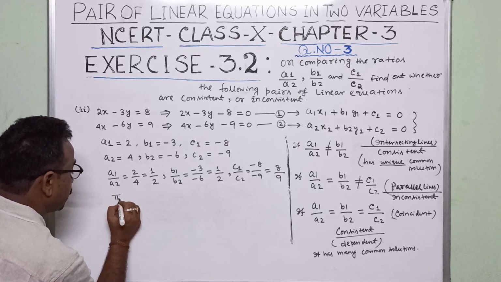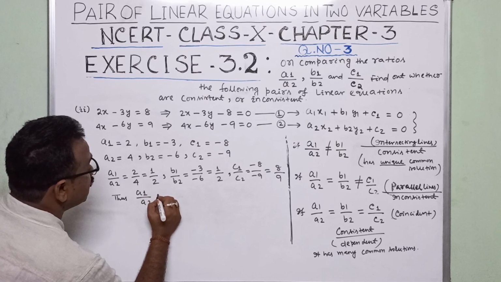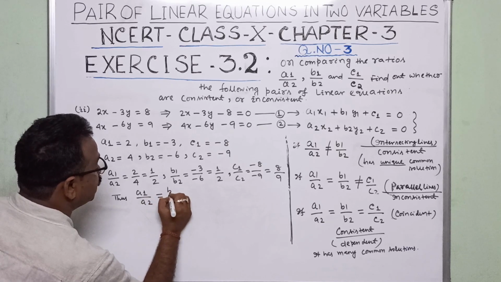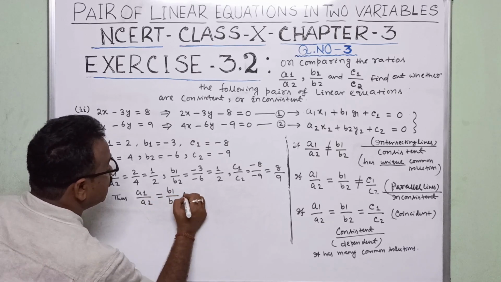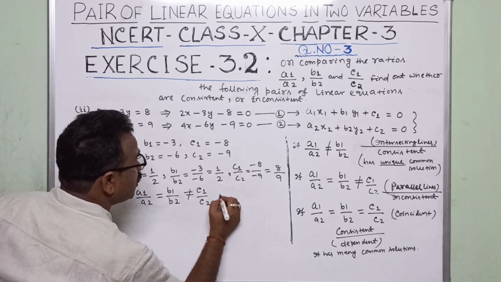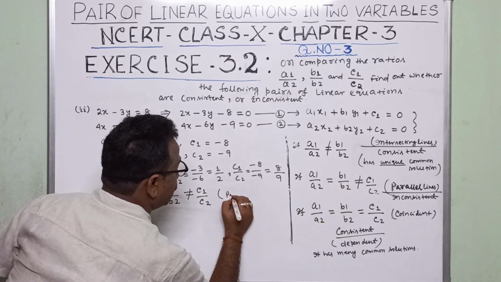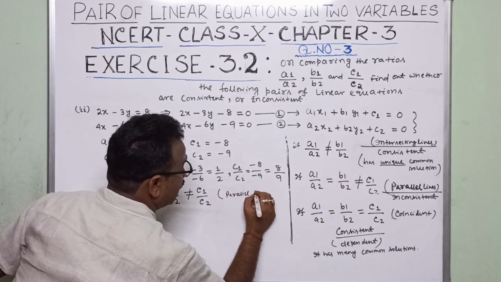Thus, a1 by a2 is equal to b1 by b2 is not equal to c1 by c2. So we know parallel. Here parallel lines.